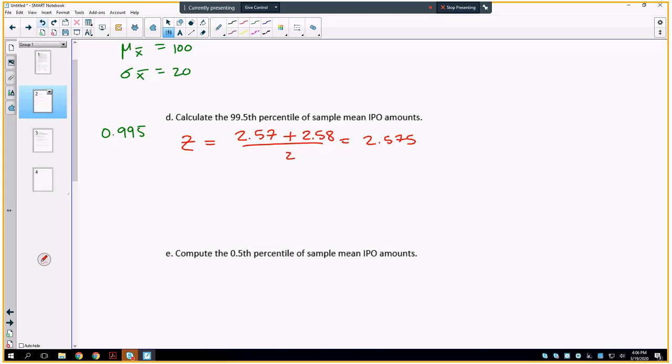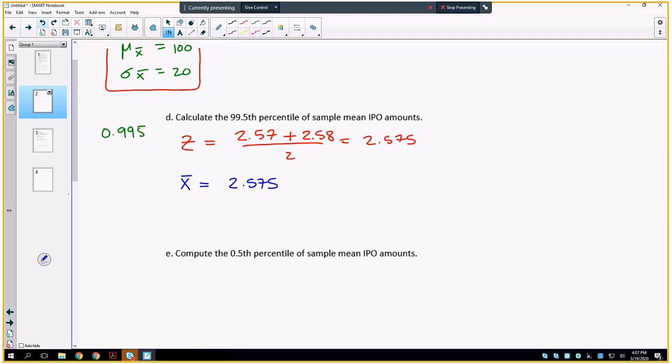That's my z. And I want to use this information to translate that in terms of the sample mean IPO amounts. So then x bar, it's the same process we did with the normal distribution lecture. We're going to take this z-score, 2.575, and I'm going to remind you that a 2.575 z-score means that I'm 2.575 standard deviations larger than the mean of the sampling distribution in this case.